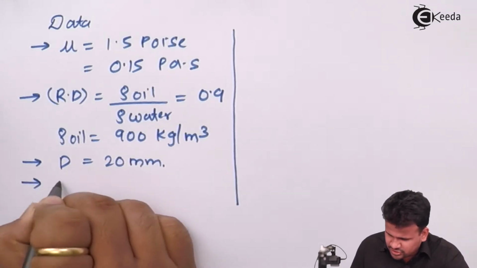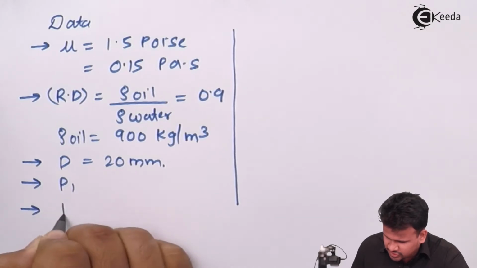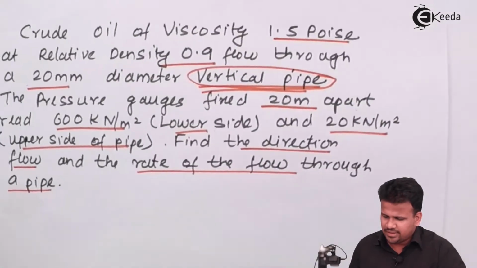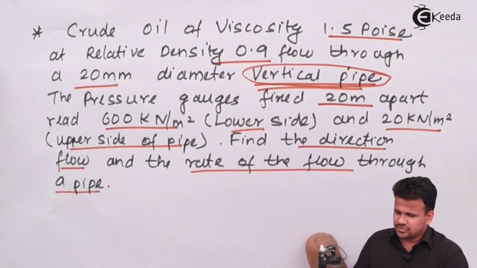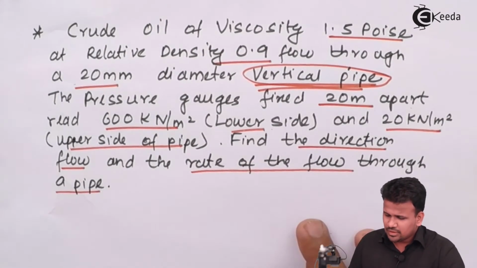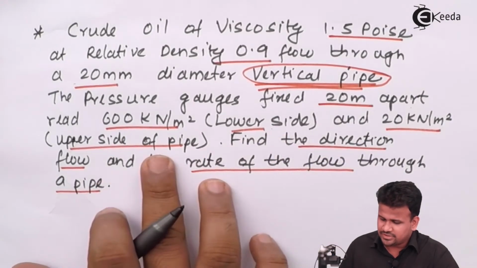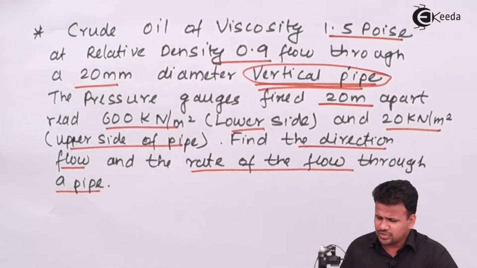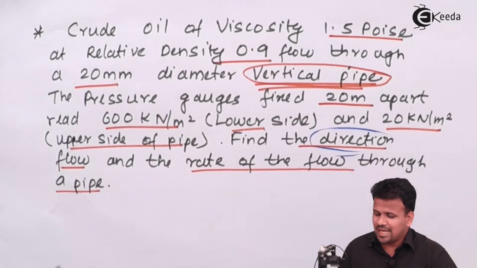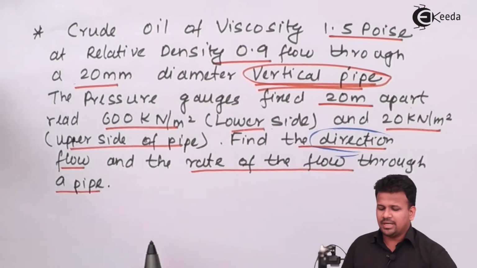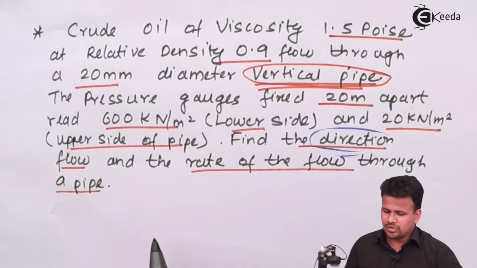Next, the pressure at the inlet and the pressure at the outlet of the pipe. Let us consider the lower side as the inlet and the upper side as the outlet, which we actually don't know until we calculate the direction. So let us assume that the lower side is the inlet and the upper side is the outlet.